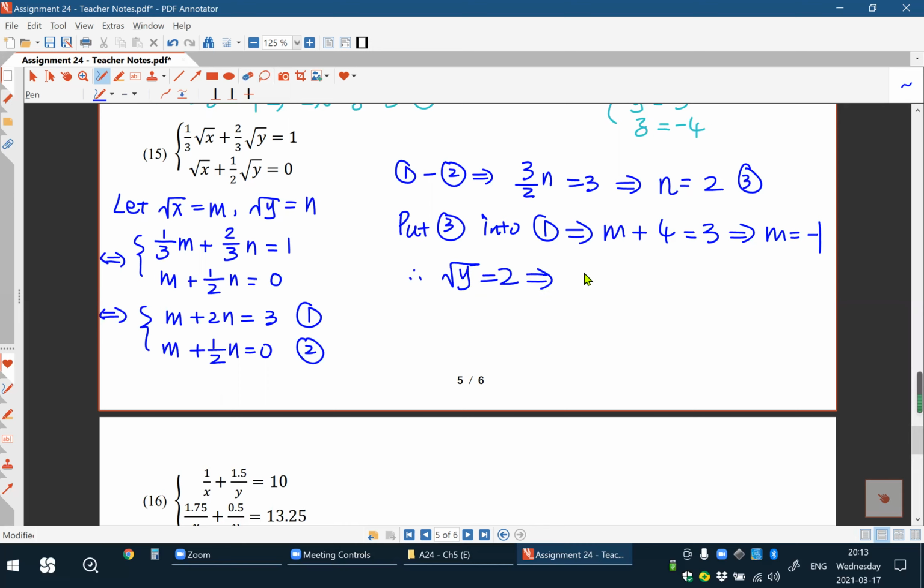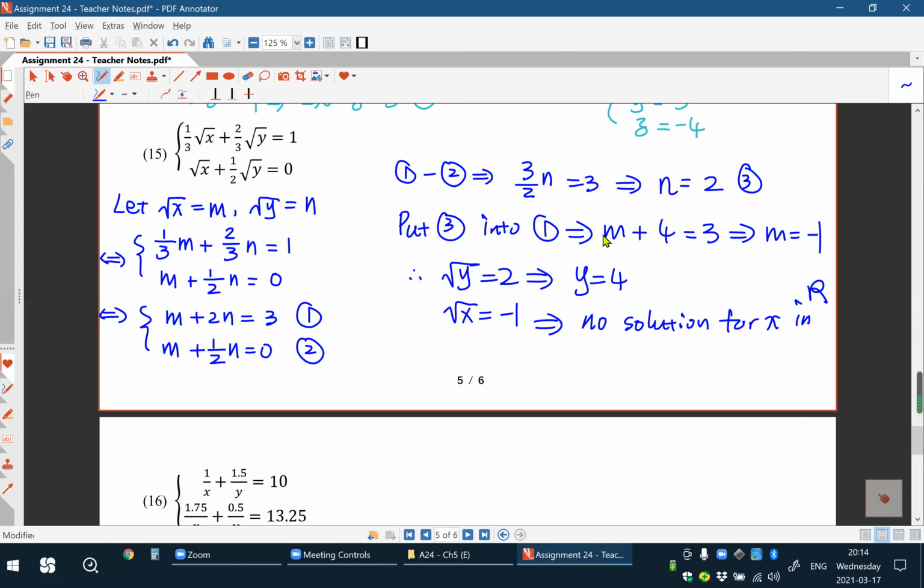That means y is 4. So m is minus 1 means square root of x is minus 1. So that means there is no solution for x, because the square root of anything cannot equal minus 1 in the real number set, right?